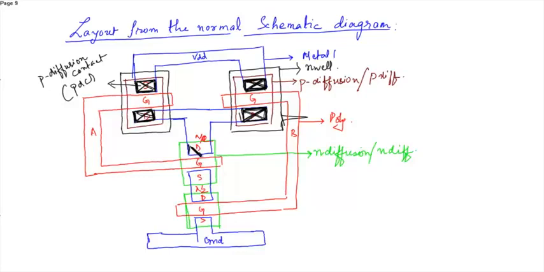Then similarly we have the N diffusion contacts for connecting the metal layer with the N diffusion layer. So this is the N diffusion contact, or the NDC contact.